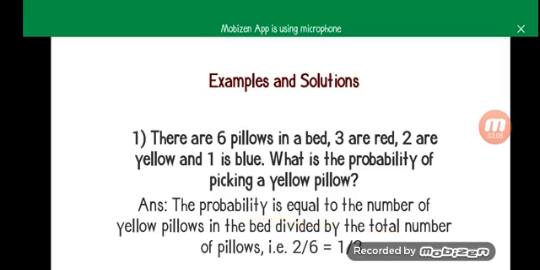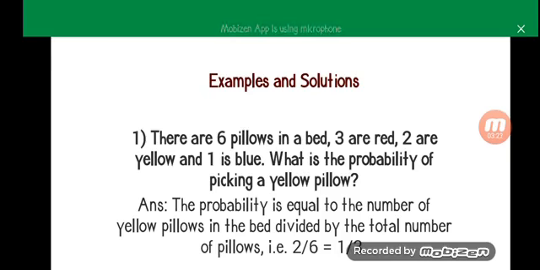So, a quick question. There are 6 pillows on a bed, 3 are red, 2 are yellow, and 1 is blue. What is the probability of picking a yellow pillow? Now, what in this question is our possible outcome or our total outcome? Our possible outcome is 6, because it's the same thing as talking about total.